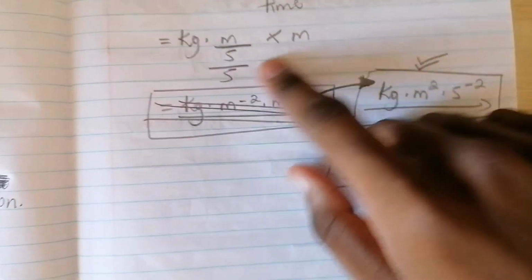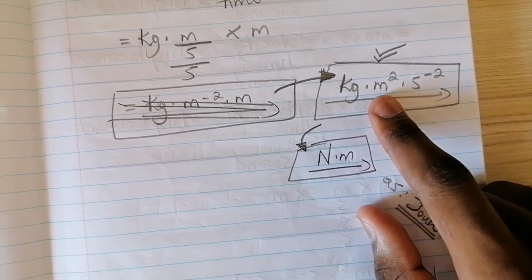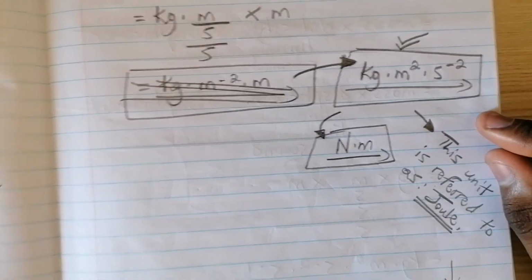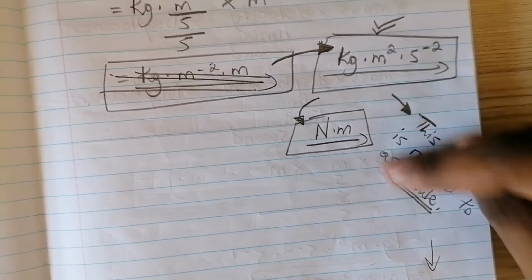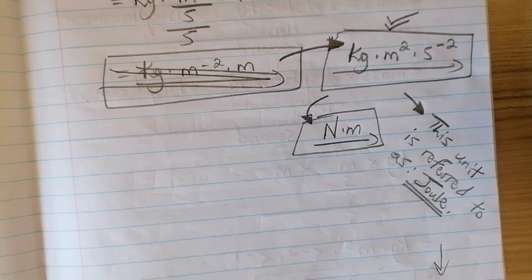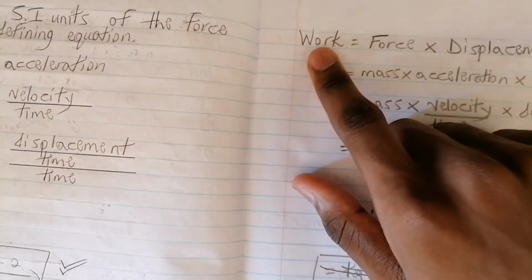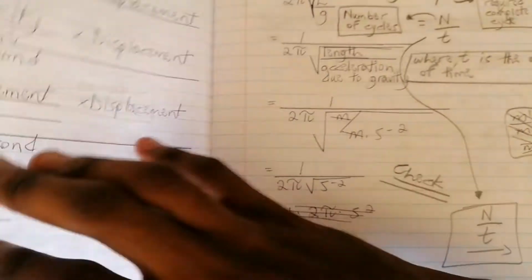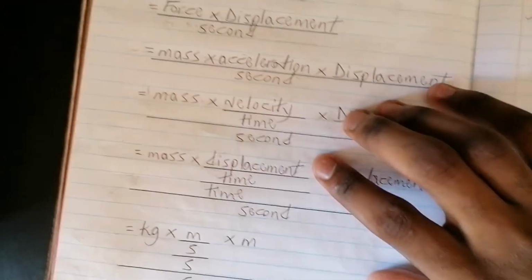Putting all this in a simplified linear form, we have kilograms multiplied by meter squared multiplied by s to the exponent of -2, and this is referred to as a joule, as we know that energy has the SI unit joule, capital letter J. Work also has the SI unit joule, uppercase J.